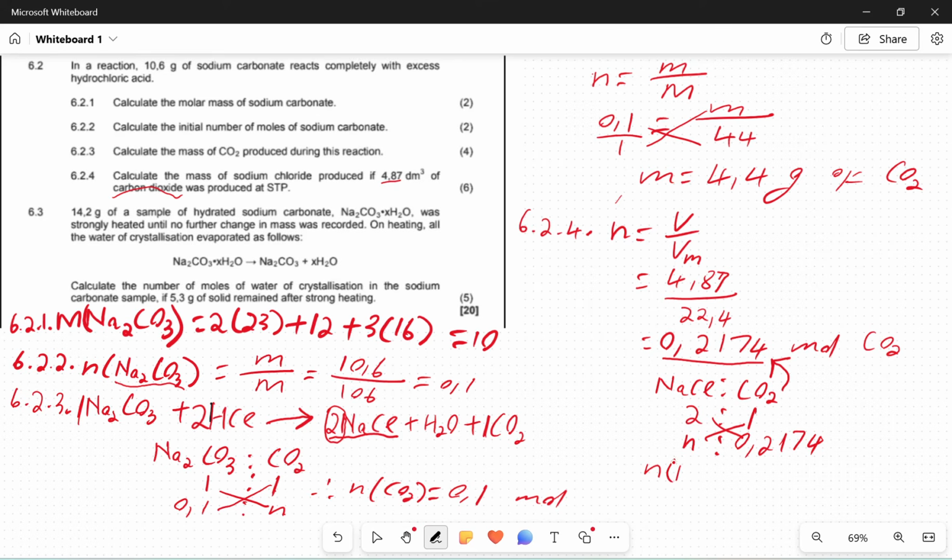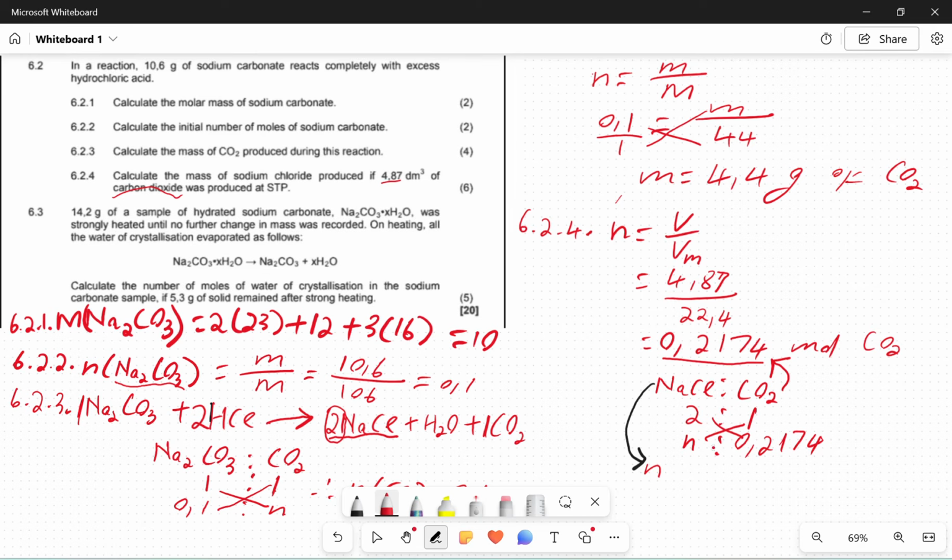When I see this n on the side of NaCl, then I know that I'm looking for the number of moles of sodium chloride, aka NaCl. Okay, so these number of moles are for that. Okay, now let's find them.